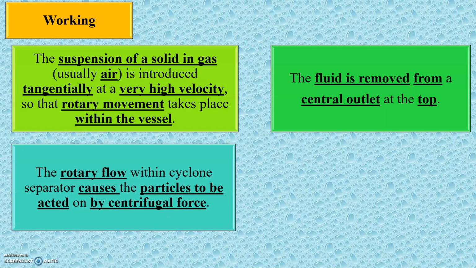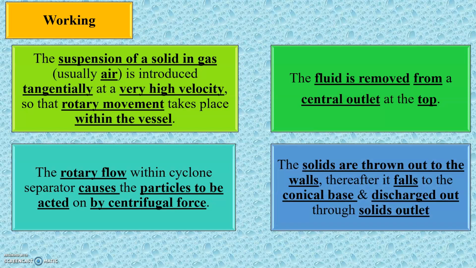The rotary flow within cyclone separator causes the particles to be acted on by centrifugal force. The solids are thrown out to the walls. Thereafter, it falls to the conical base and discharged out through solids outlet.